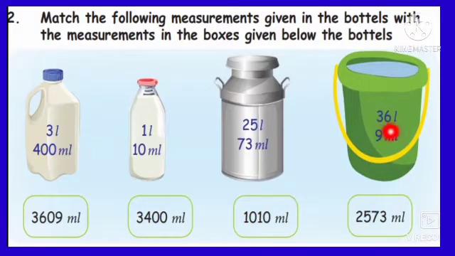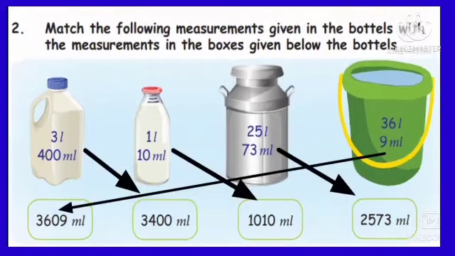And finally, 36 liters can be converted in milliliters as 3600 milliliters. When we add 3600 milliliters with 9 milliliters, we get 3609 milliliters.